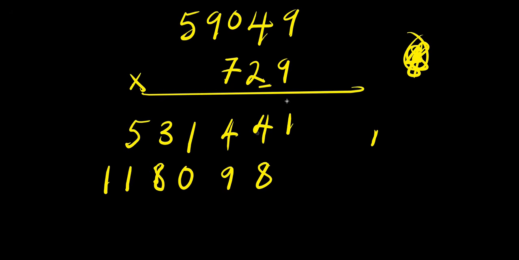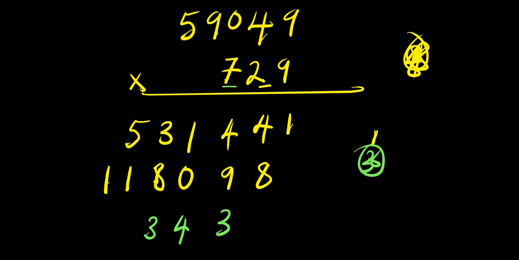Then we proceed to 7. 7 times 9, that will give us 63. So we have 3 carry over 6. 7 times 4, 28 plus 6, that is 34. 4 carry over 3. 7 times 0, 0 plus 3, 3. 7 times 9, 63.